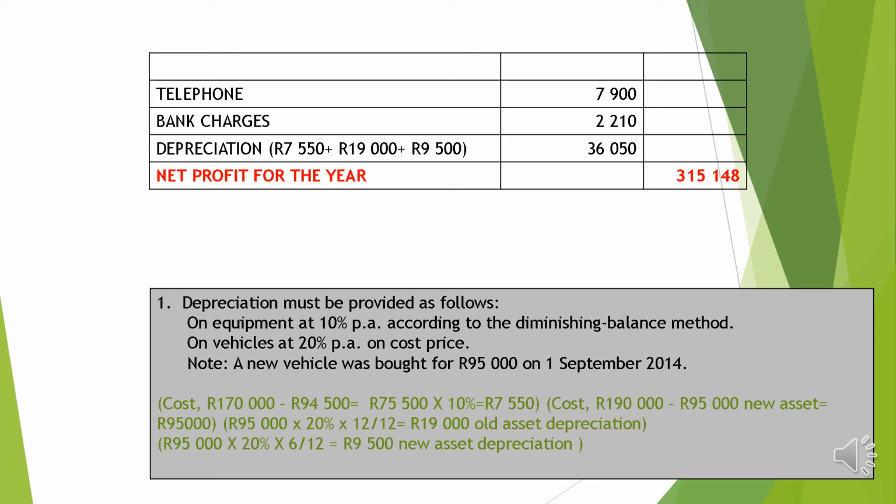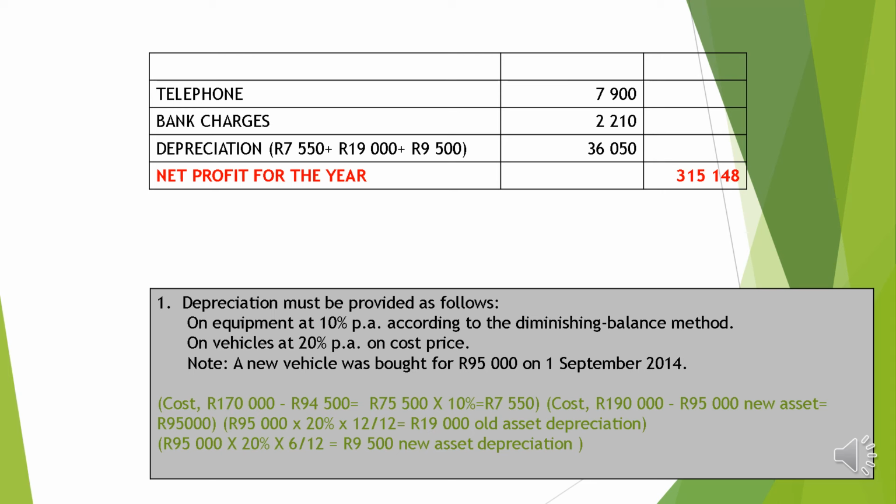So from September, October, November, December, January, February, it's 6 months. So we're going to multiply it by 6 over 12. Then we get 9,500 rand, the depreciation for the new asset. Then that is the last figure in our calculations in brackets.